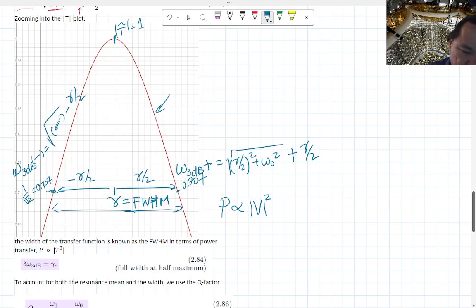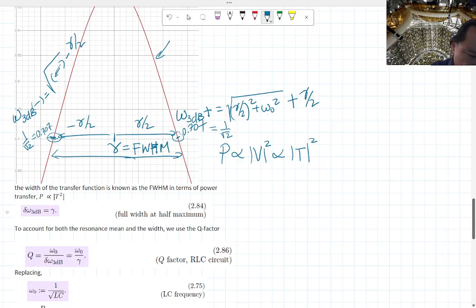And then the voltage square in this case is proportional to the transfer function square, right? So remember 0.707 is actually 1 over square root of 2. So if you square that, you actually get 1/2. So at this F3 dB point, you actually have half the power output, okay? And that's what you're interested in.